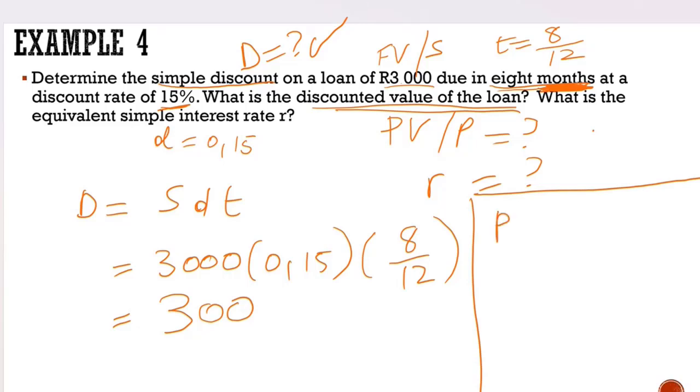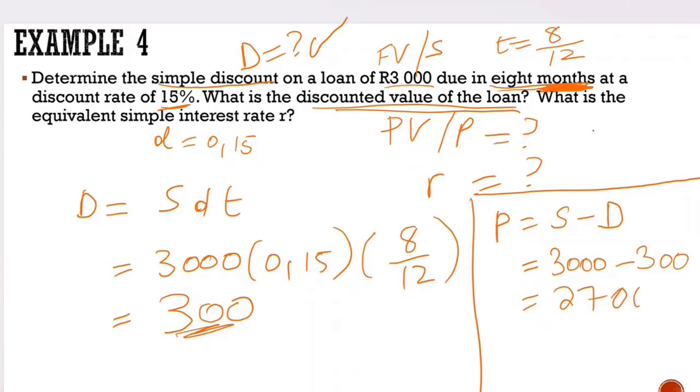My present value is equal to S minus D. So what is your S? Your S is equal to 3,000 minus your D, which you've just calculated, equal to 300. So this is going to be 2,700.